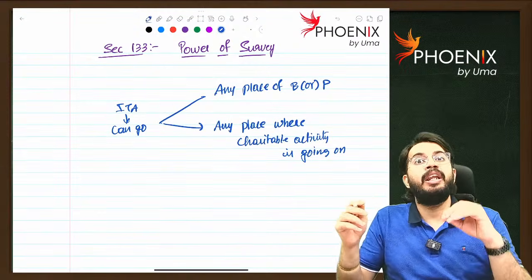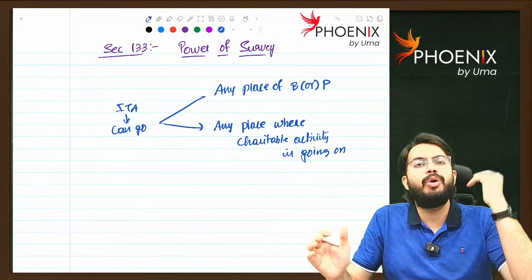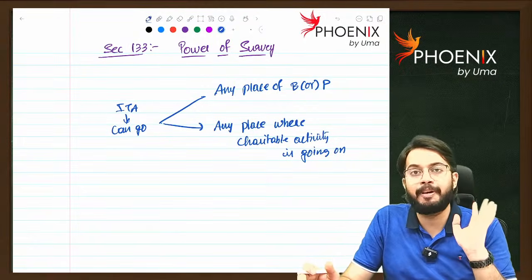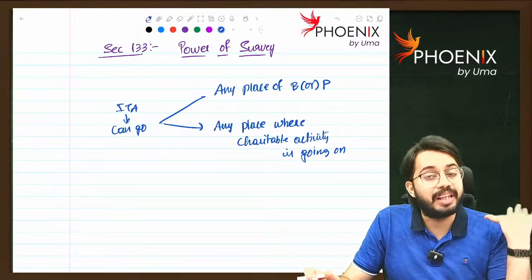They can go to any place within their jurisdiction. The assessing officer, within his jurisdiction, can go to any place of business or profession or any place where charitable activity is going on, and he can do a survey over there.